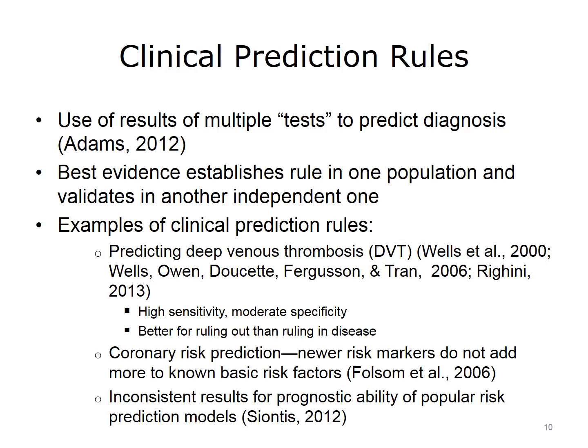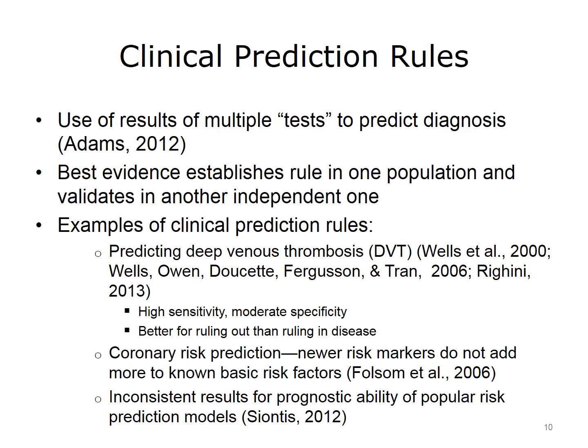All of these different pieces of data are used to predict the diagnosis. There are rules for critically appraising clinical prediction rule studies, and in essence, the best evidence for clinical prediction rules will establish the rule in one population and then validate it in another independent one.